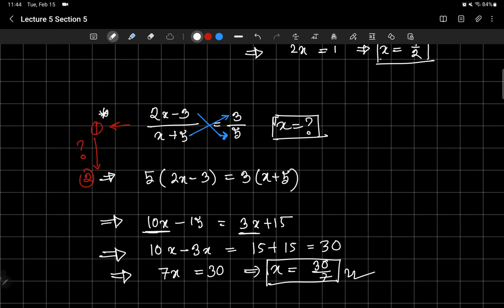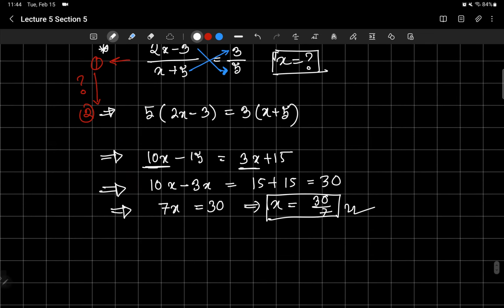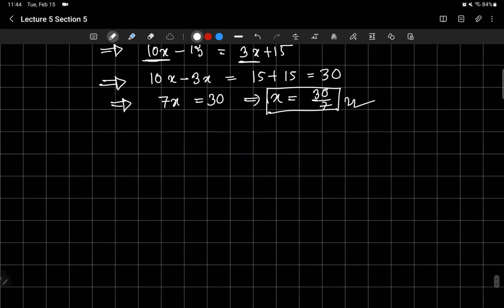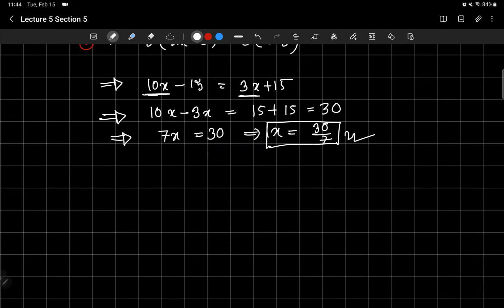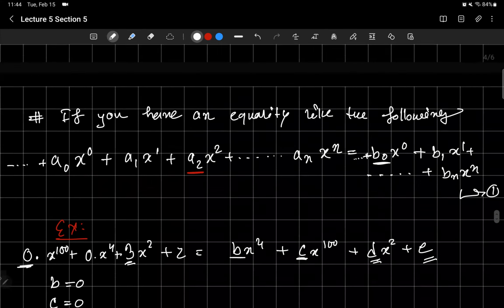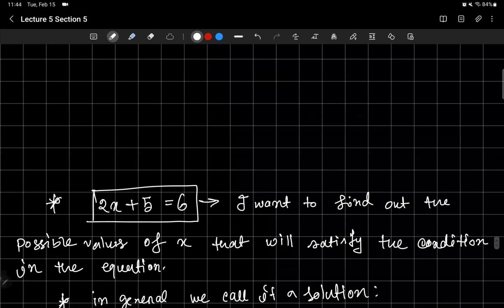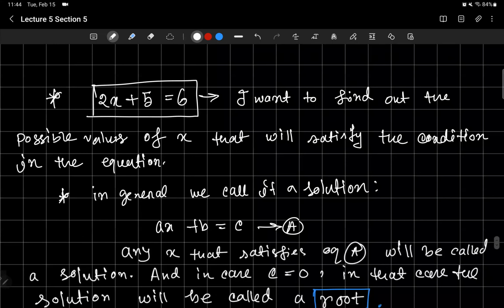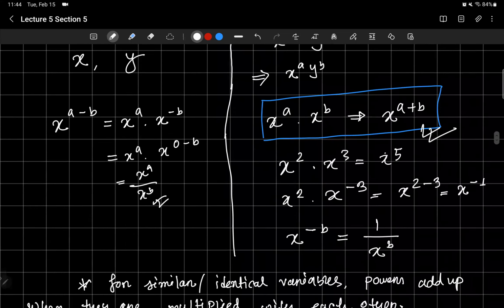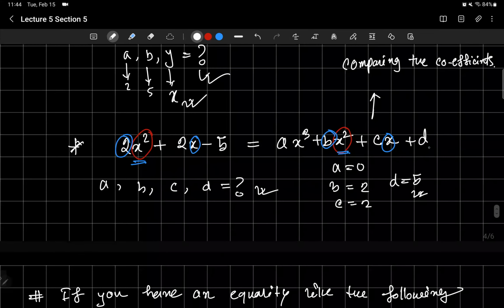Sir, for the example, ax cube plus bx square plus cx plus d, would 5 be minus 5? No, no sir, you did the equation, the one with 2x square plus 2x minus 5. Yeah, oh, d should be minus 5.